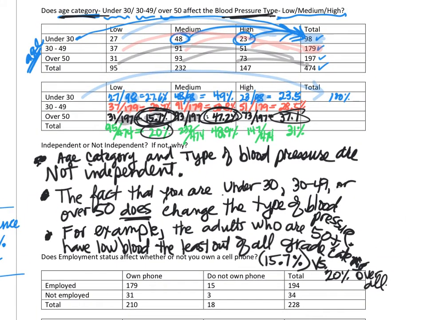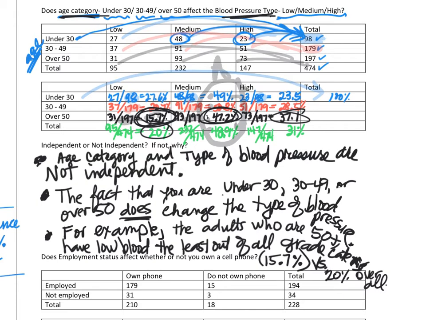By the way, I want you to notice something very interesting, and that is this section here of the medium blood pressure. If you compared the conditional to the marginal, they are all within 1 percentage point.